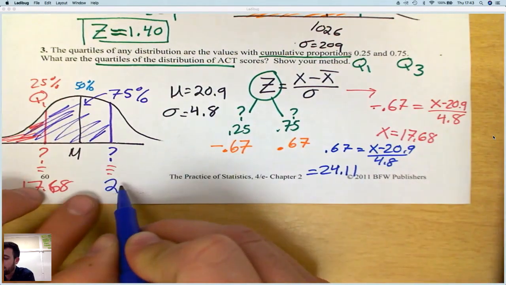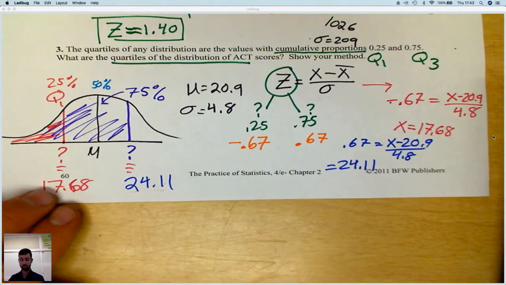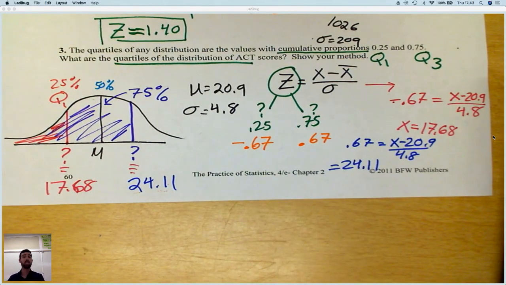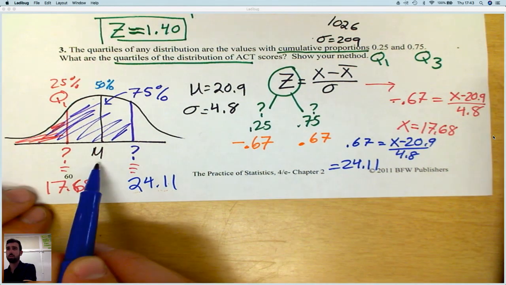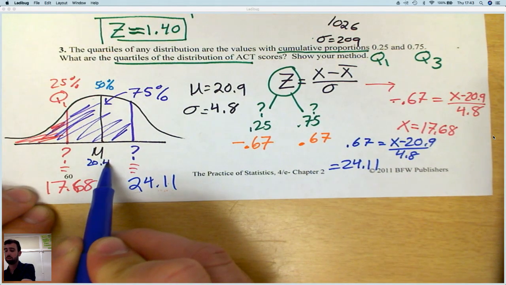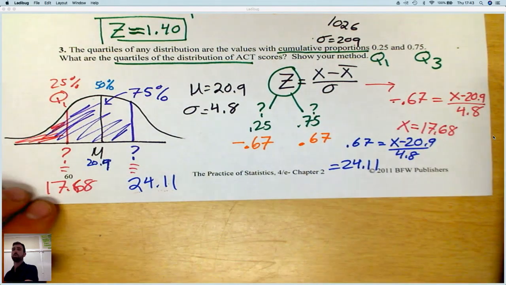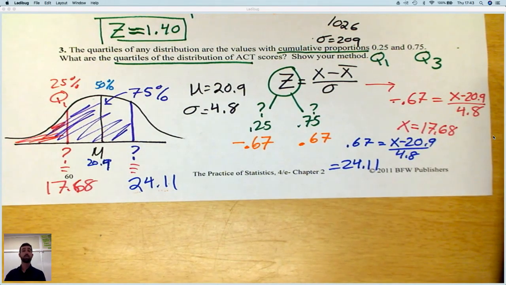So on the upper end, 24.11 is our 75th percentile. Now again, that means that if you score a 24.1 on the ACT, you scored better than 75%, but worse than 25%. And again, that makes sense because in the middle is 20.9.